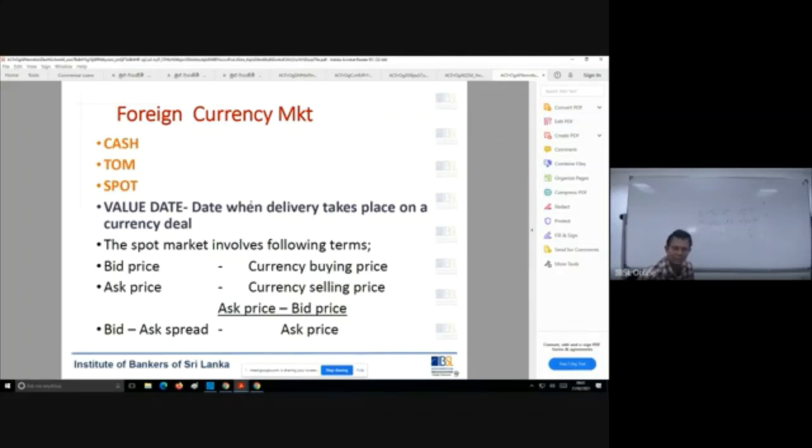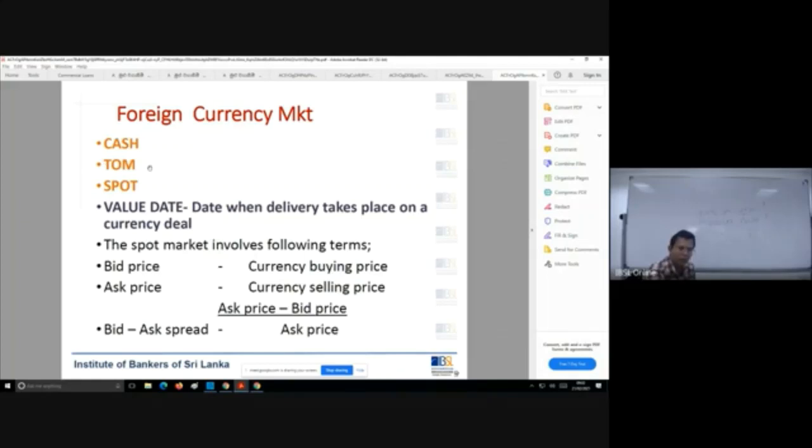You do the settlement after 2 days of the transaction. Treasury bill, treasury bond, also the same. You have the auction on Wednesday, then you do the settlement day after tomorrow. That is spot, right?